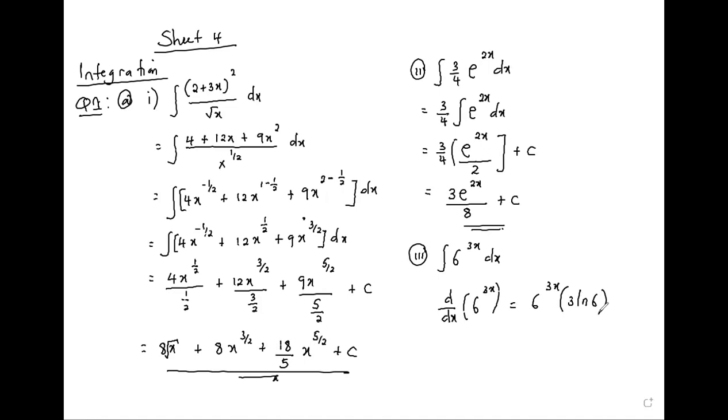So if this is the derivative of this, it means to integrate it, you write 6 to the power 3x divided by 3 ln 6, and then add the constant.